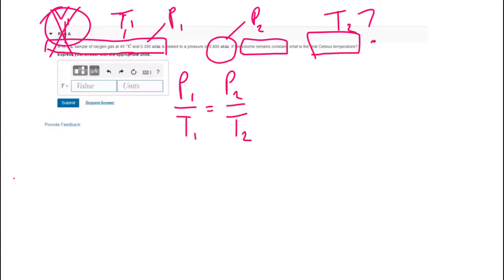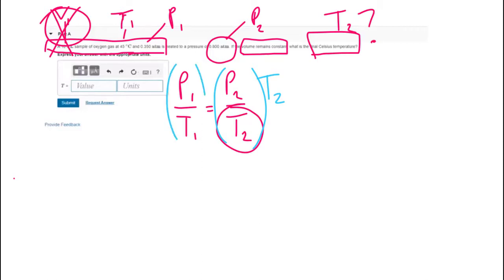Now, I need to solve for T2. So trying to solve with fractions can be kind of tricky. So let's make it so it's not a fraction and so that we have a linear problem. So to get rid of T2, since it's in the denominator, I'm going to put it up in the numerator.